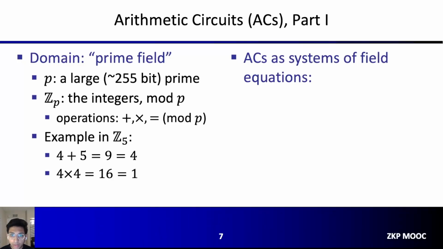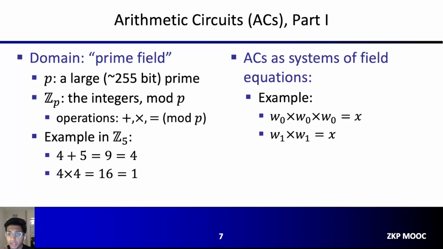One way to view these arithmetic circuits is as a system of equations over the prime field. For example, one such system would be: I multiply the first private input by itself 3 times, and I want to check that that equals the public input X. And then I do almost the same thing with the second private input.